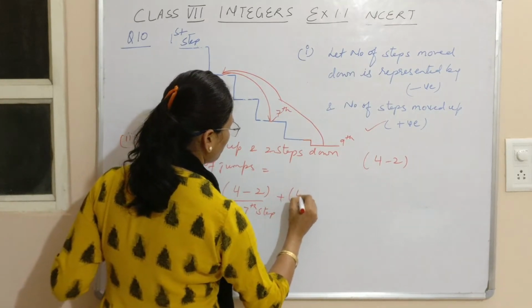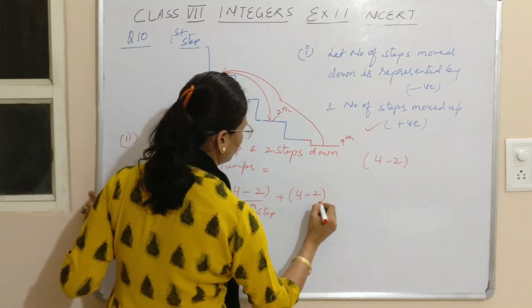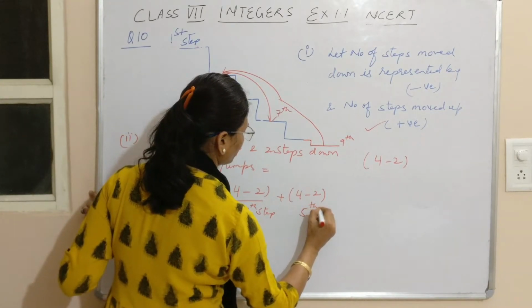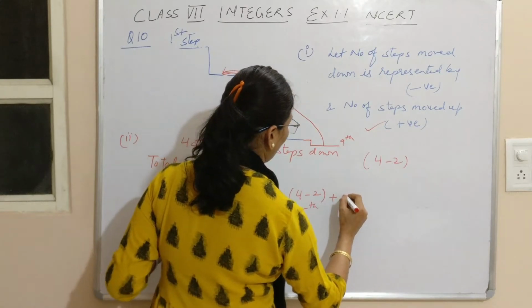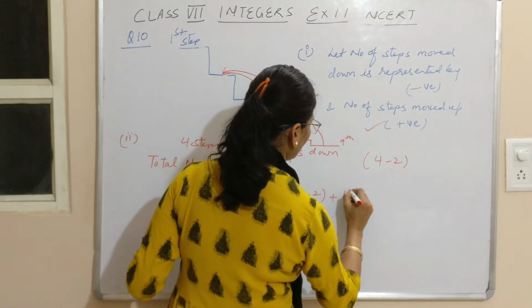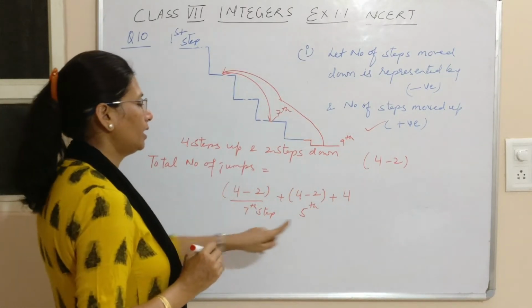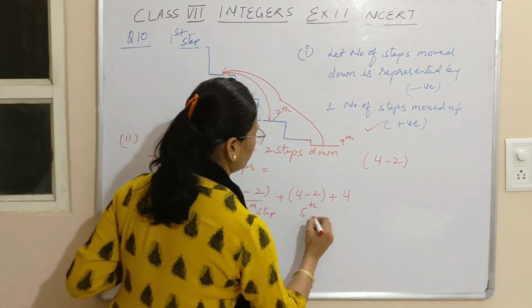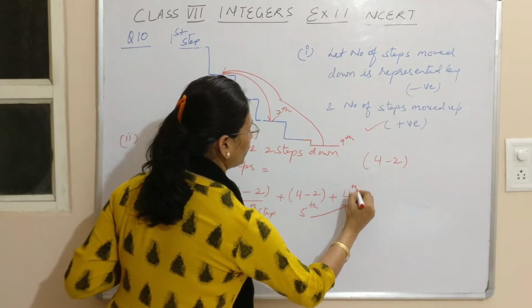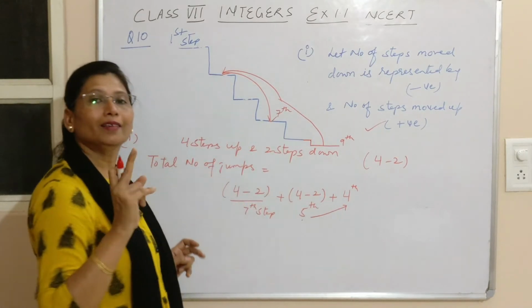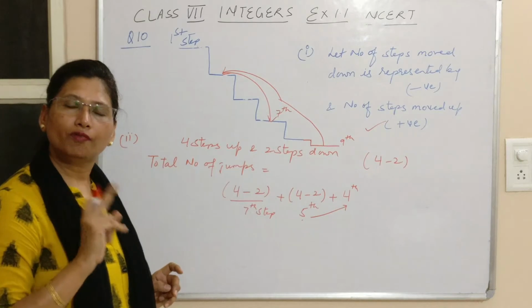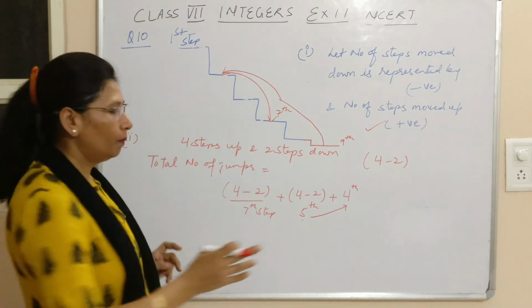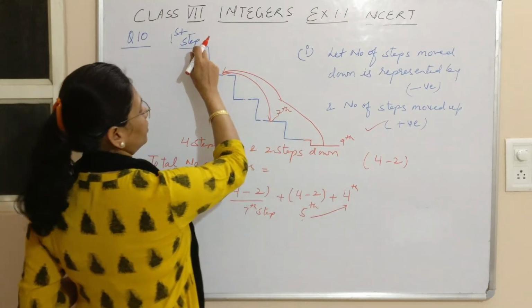Again 4 steps up, 2 steps down, so he has come to the 5th step. Again, after this he'll come to the 4th step, and he has come to the 1st step. That is a different point, that he is going back, but he has touched the first step here.